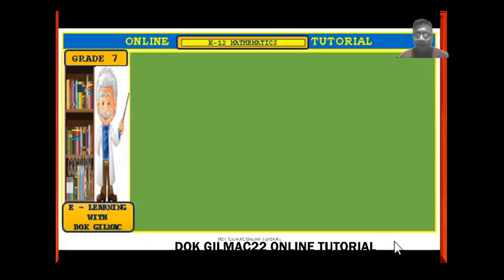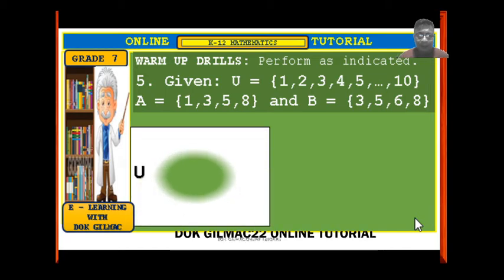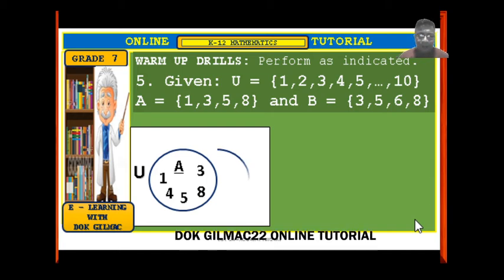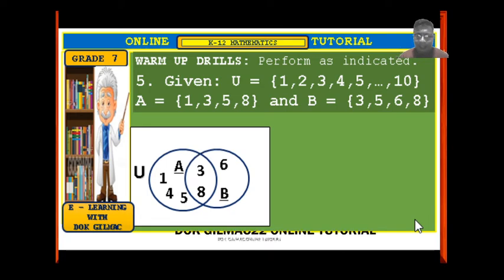For number 5, consider the Venn diagram here. Given set U is 1 up to 10, set A is 1, 3, 5, 8, and set B is equal to 3, 5, 6, 8. Okay? Now consider the Venn diagram. So we have 1, 4, 5, 3, 8 for the elements of A, and then we have the elements of B to be 3, 6, and 8.